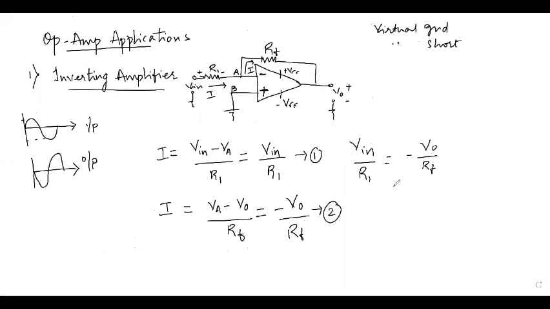Therefore, I may write Vo by Vin equals minus RF by R1.